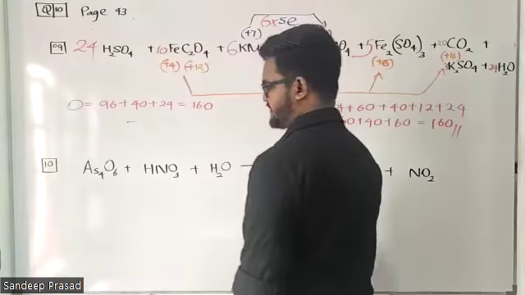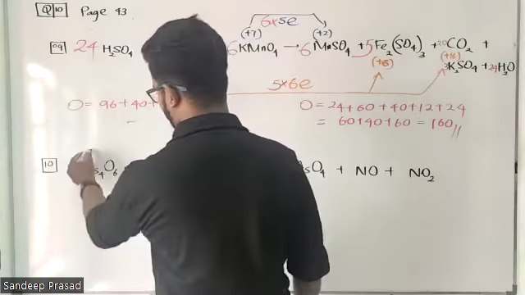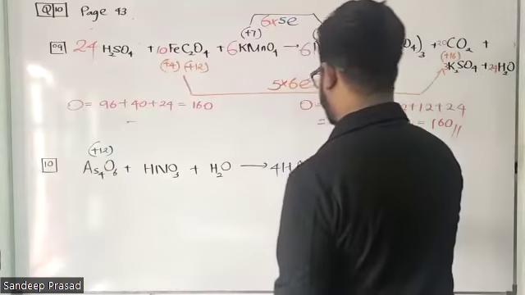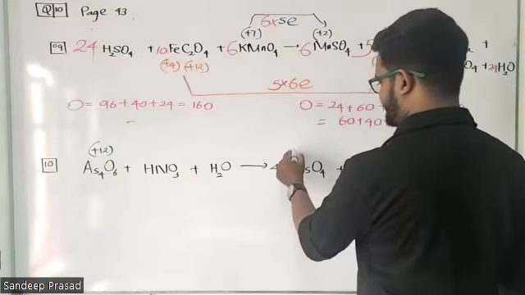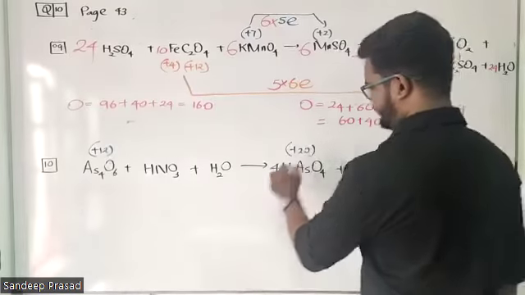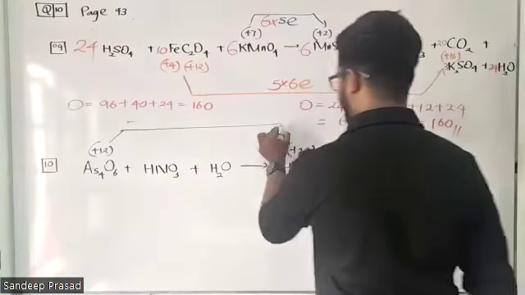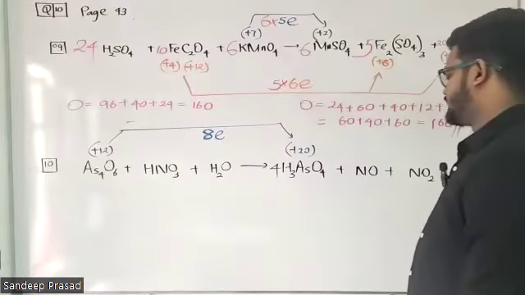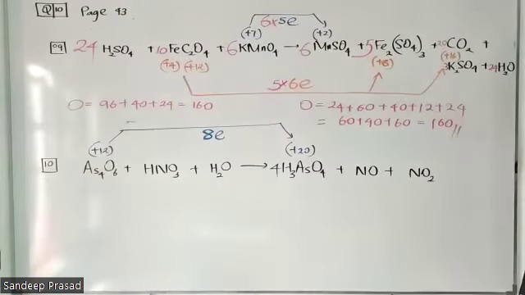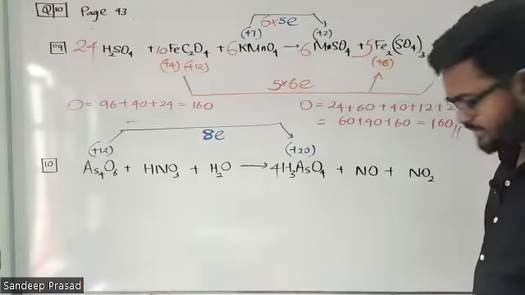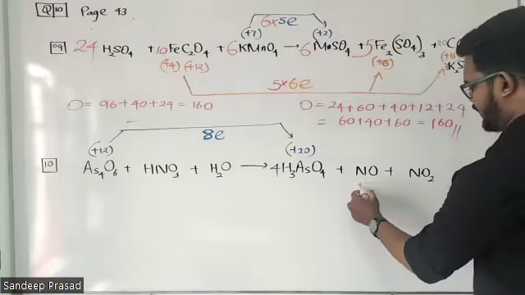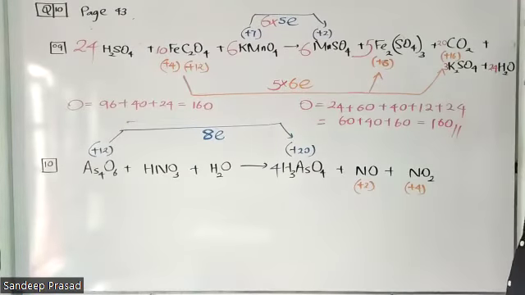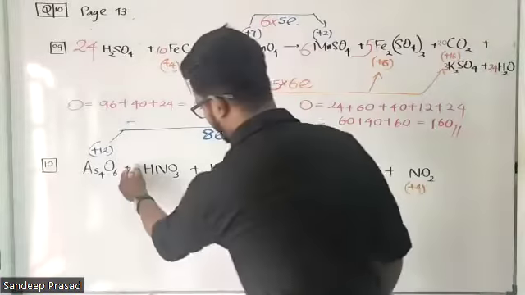Oxidation numbers of these 4 arsenic atoms will be plus 12. Here arsenic is plus 5. Plus 5 into 4 is 20. So therefore plus 12 to plus 20. Total increment is 8 electrons. And here nitrogen's oxidation number is plus 2 and this is plus 4. That means 2 nitrogen atoms are there. Therefore, let me put here 2.